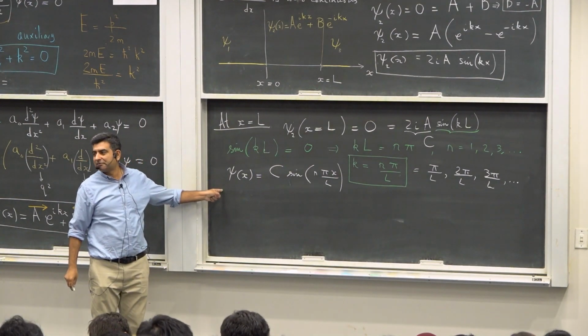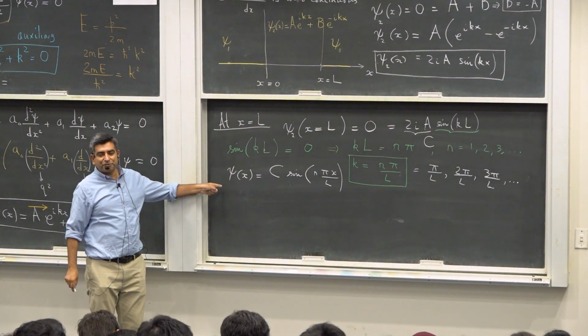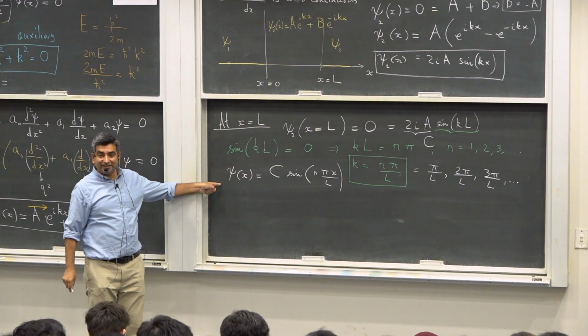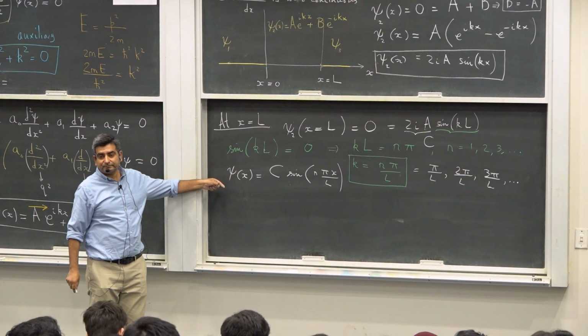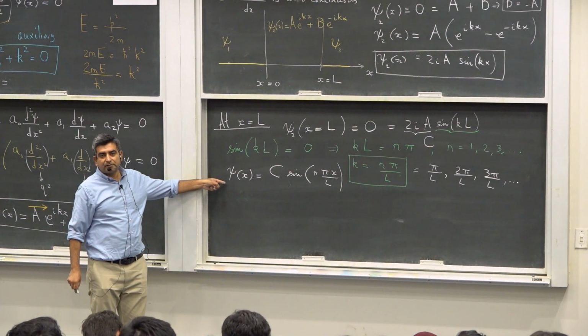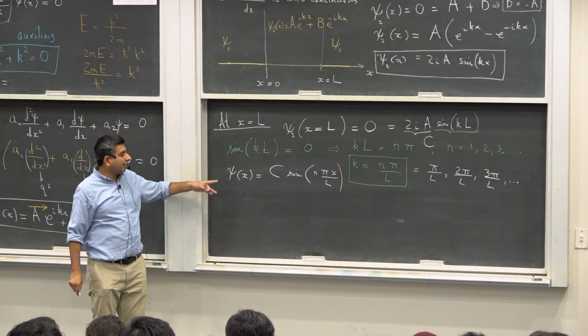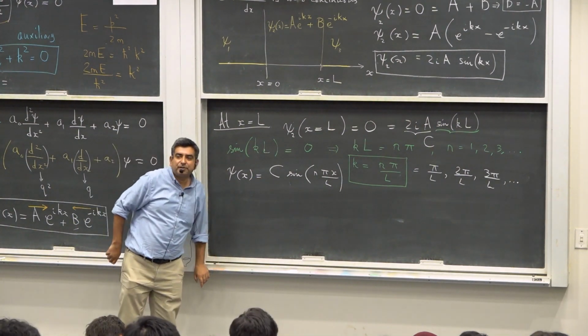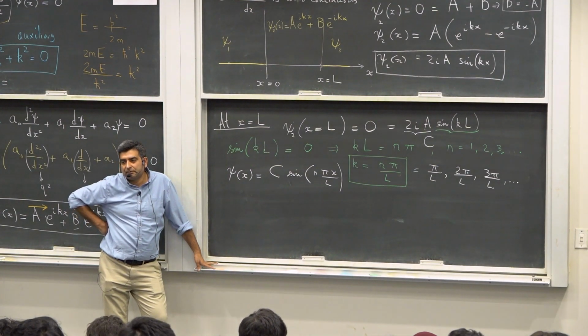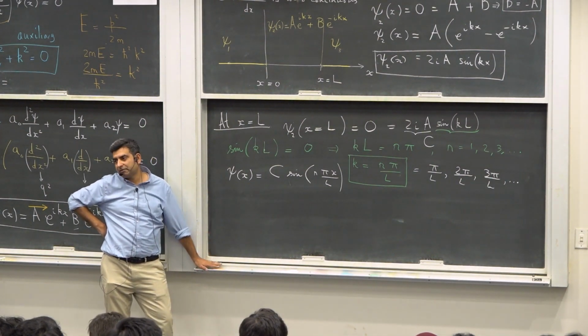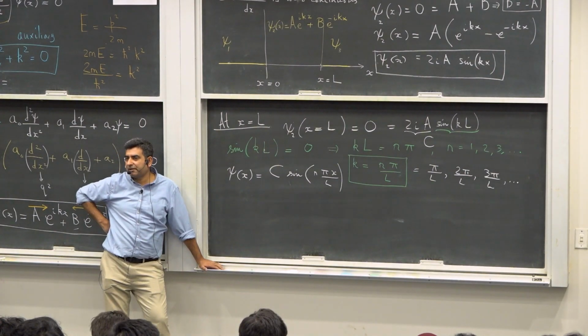Okay, so this means k must only take up values n pi over L. k cannot be arbitrary. k can only take up some multiples of pi over L. So k, for example, can be pi over L. It can be 2 pi over L. It can be 3 pi over L, and so on.